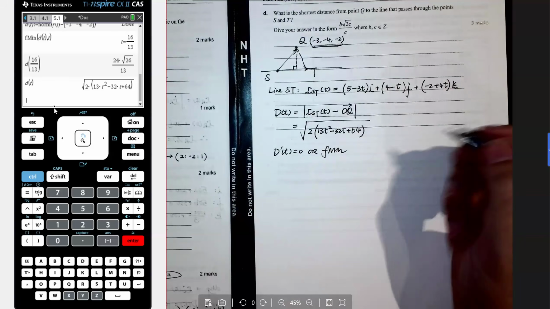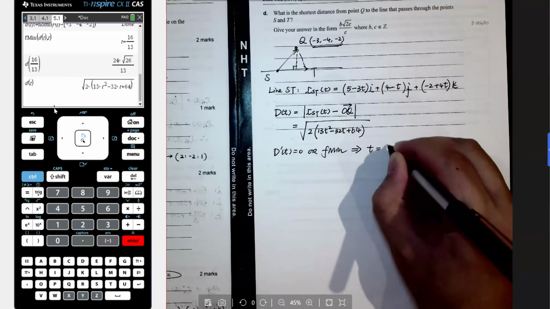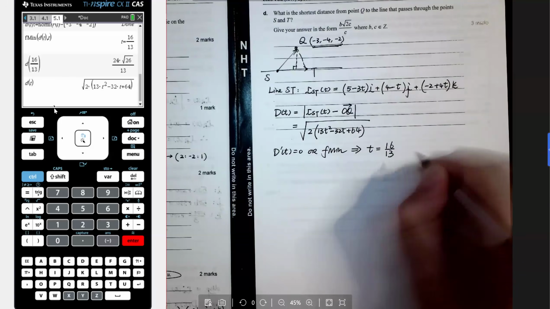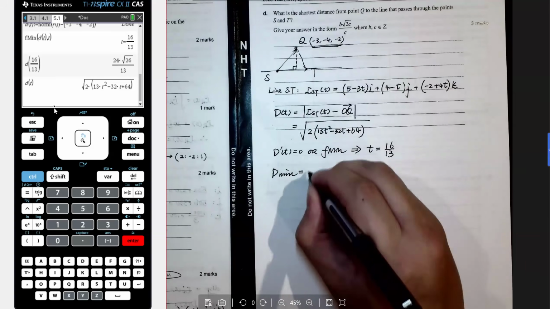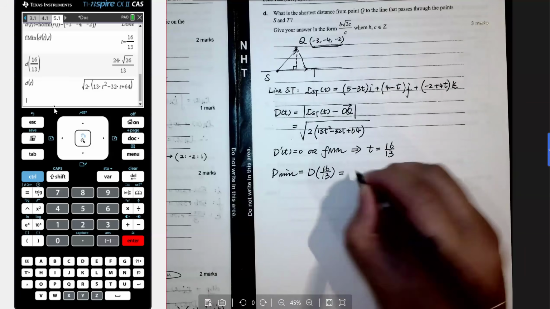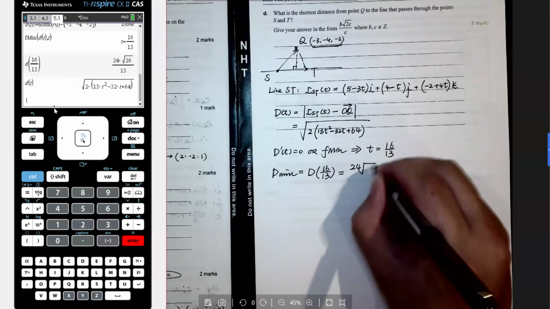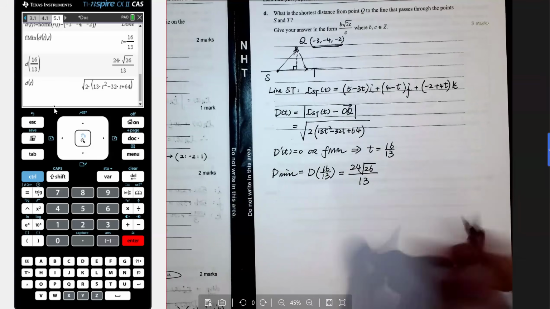And this is the quadratic expression. It gives you t equals 16 over 13. Therefore, D minimum equals D of 16 over 13, which is equal to 24 square root 26 over 13 units, okay?